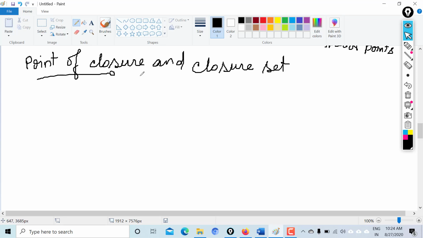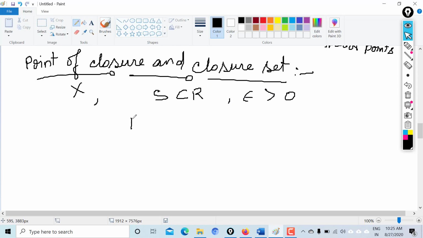A point X is said to be a point of closure of the set S, which is a subset of R, if for every epsilon greater than 0, the intersection of the neighborhood epsilon of X with S is not phi.